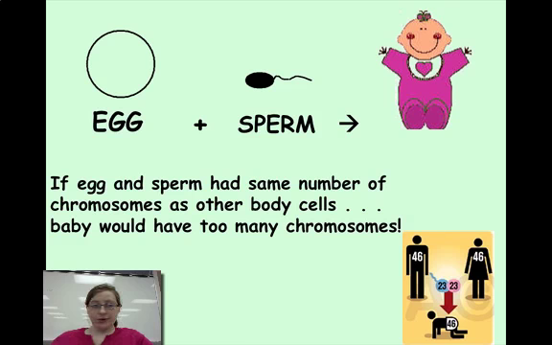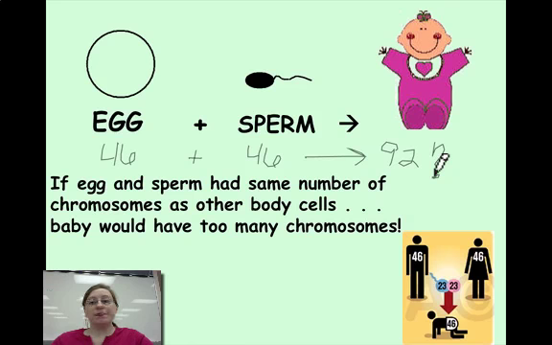But if we had 46 here and we had 46 in the sperm, that would give us 92 chromosomes. Then the offspring would have too many chromosomes, and that would result in a severe mutation. And actually, the development of the fetus would never occur if this were the case.